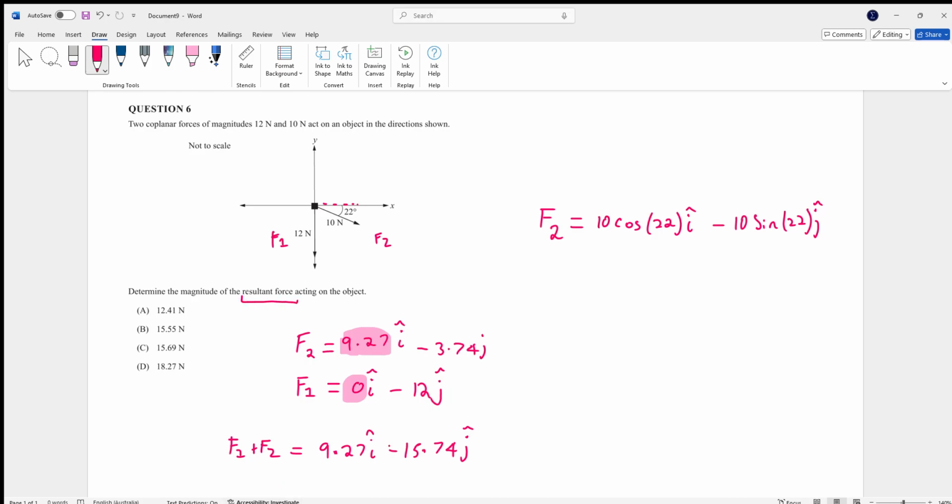That pretty much means the magnitude of this vector. So the magnitude of the force F1 plus F2 is just finding the length of this vector, which is an application of Pythagoras' theorem. So you square root the sum of the squares of each of the components. So 9.27 squared plus negative 15.74 squared, and then you chuck that into your calculator.